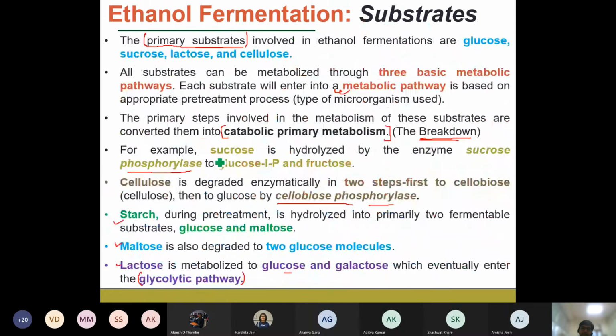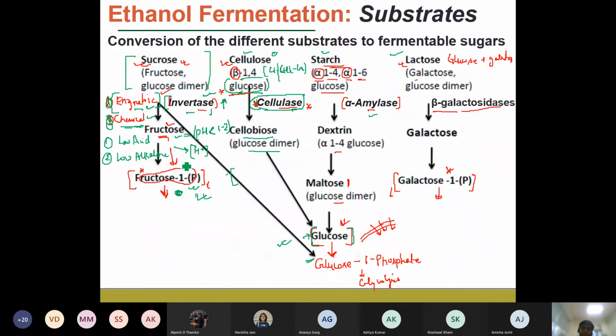So fructose is converted into fructose 1 phosphate by a particular enzyme in the cellular machinery, and then fructose 1 phosphate is converted into fructose 6 phosphate, and then it enters the biochemical pathway, for example, for the production of ethanol.